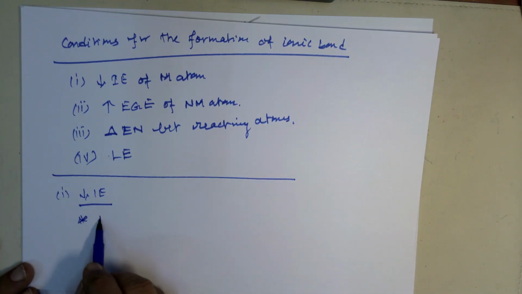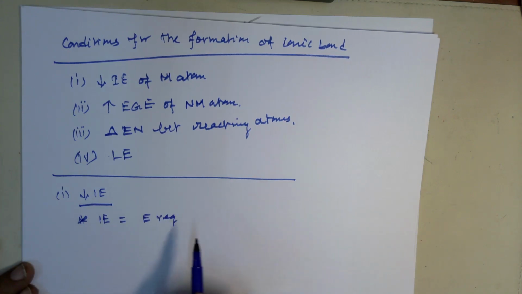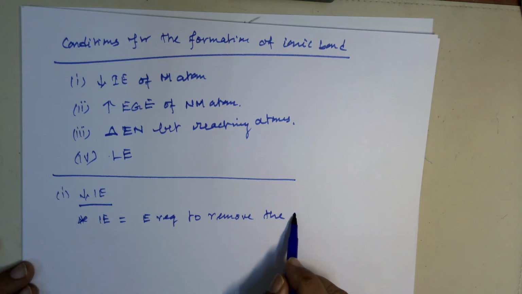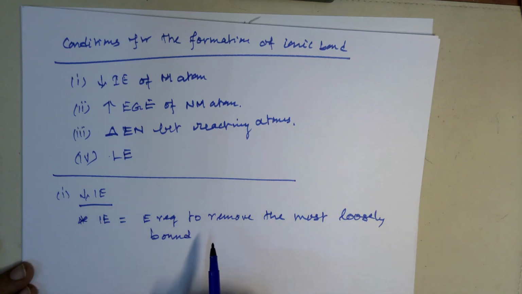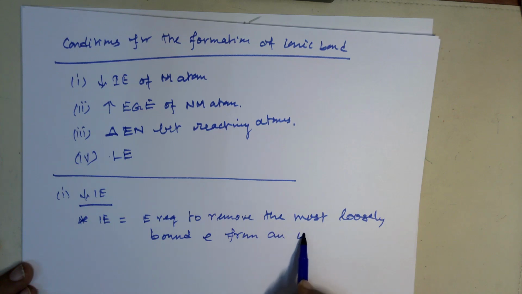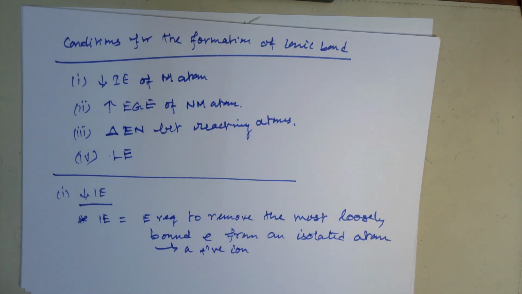Ionization energy is the amount of energy required to remove the most loosely bound electron from an isolated atom to form a positive ion.